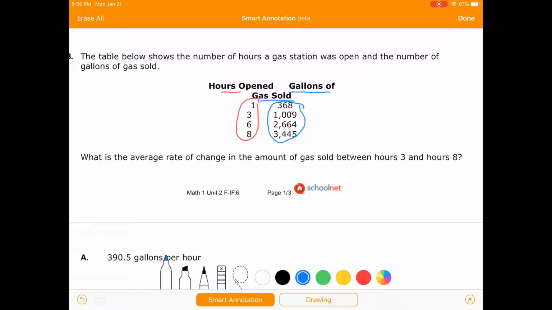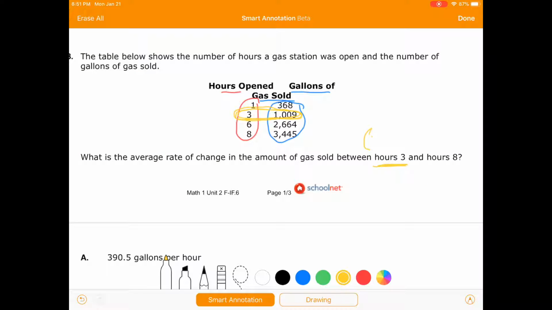What is the average rate of change in the amount of gas sold between 3 hours and 8 hours? So I want to come in here and determine what my ordered pair is at hours 3. So I'm going to come in here. It's the second number in the red, and I'm going to get the second number in the blue. So that's going to be my ordered pair for hours 3.